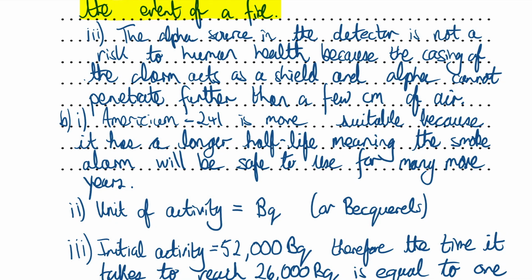And also there's a casing around the smoke alarm which the alpha particles can't penetrate through. So the answer to question 3: the alpha source in the detector is not a risk to human health because the casing of the alarm acts as a shield and alpha cannot penetrate further than a few centimetres of air.